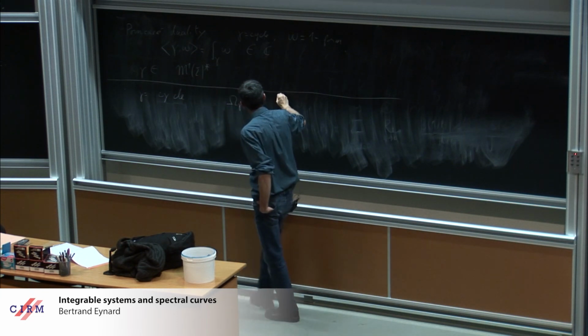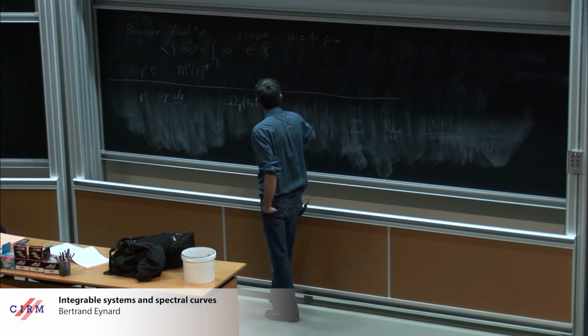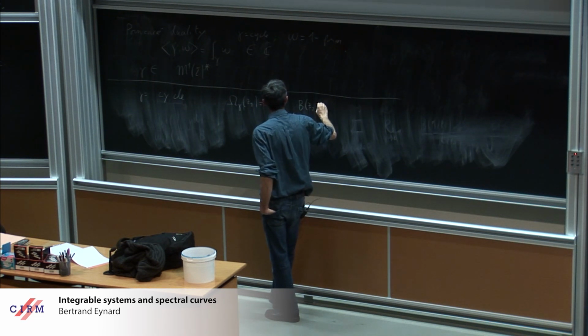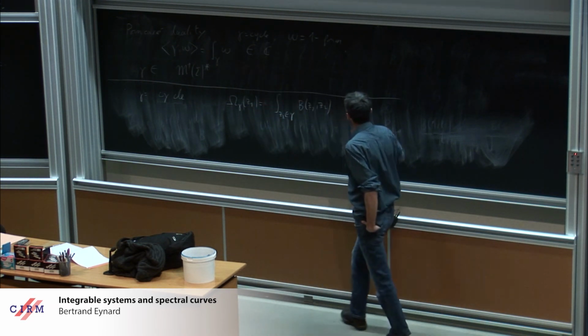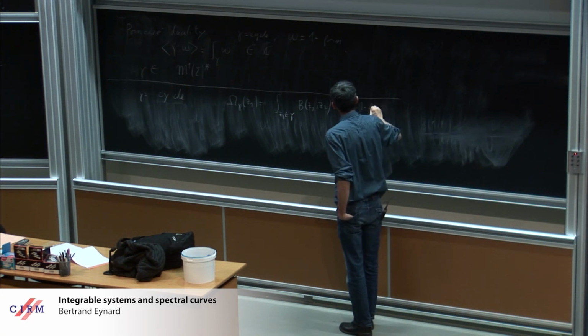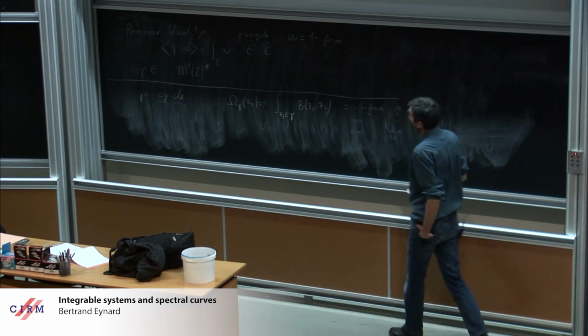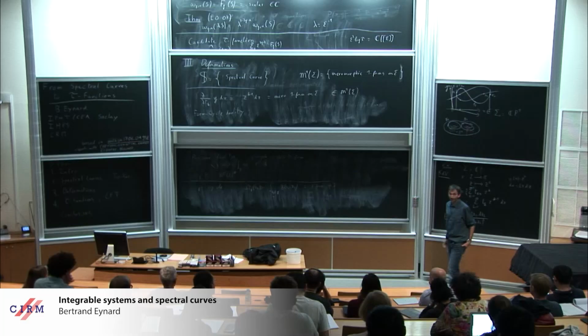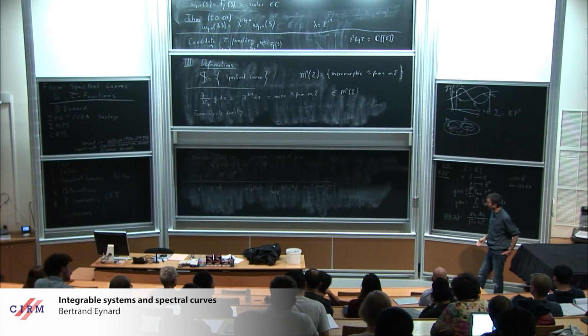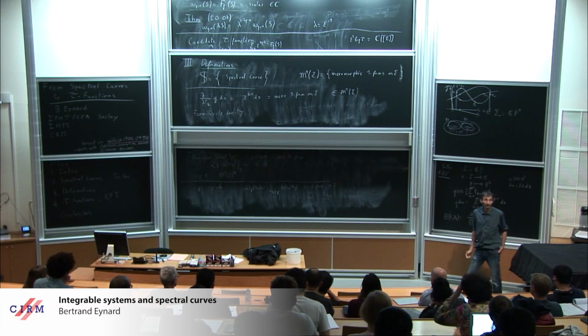It's defined as you integrate Z2 on the cycle of B of Z1, Z2. So it's a one form of Z1. So it's a one form on sigma. If gamma is a true cycle, then this is indeed a holomorphic one form.